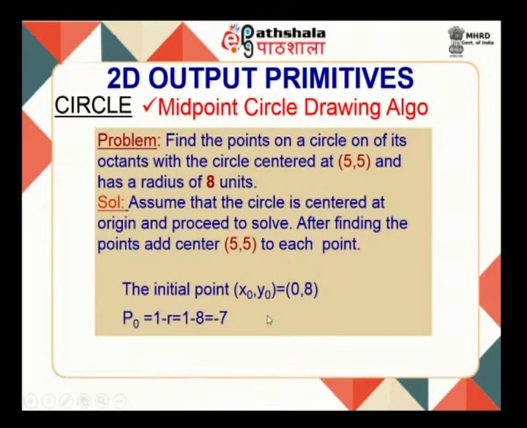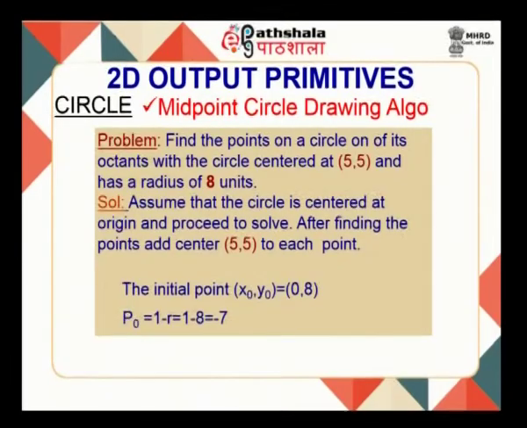So, based on this, let us solve a simple problem. Let us take a circle with center at (5, 5) and radius of 8 units. We did the derivation using a circle with center at origin, but if given a circle with center somewhere else, say (5, 5) as in this problem, what you do is assume that the circle is at origin, compute all the x and y points, and then add this center to every point that you compute.